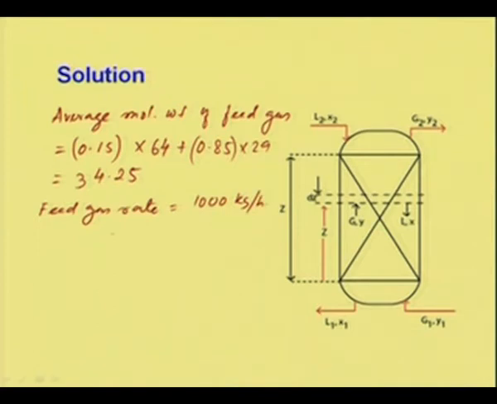So, we will convert it to kilomole per hour, which will be 1000 divided by 34.25 kmol per hour, which is equal to 29.2 kmol per hour, and this we can define as G1.